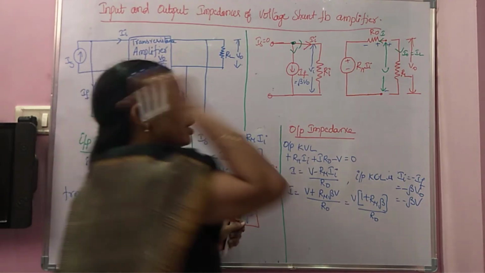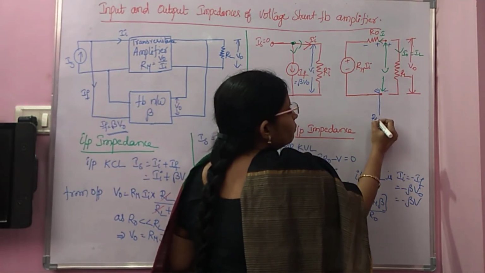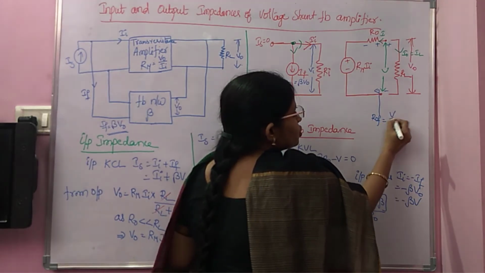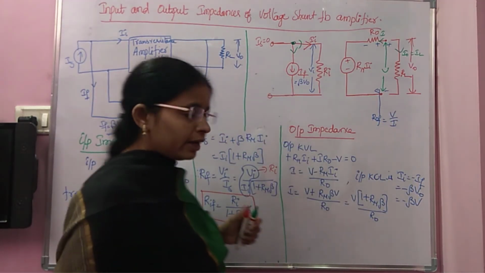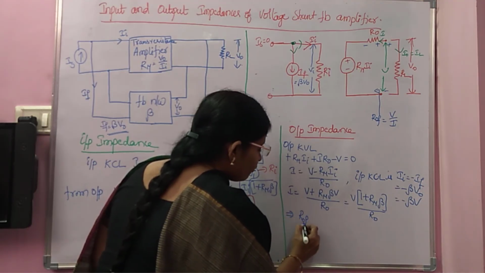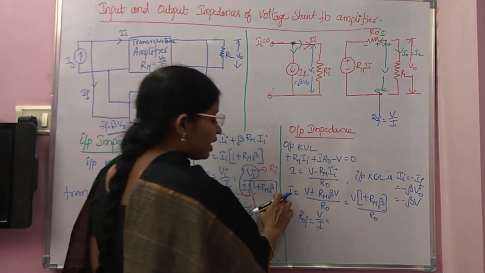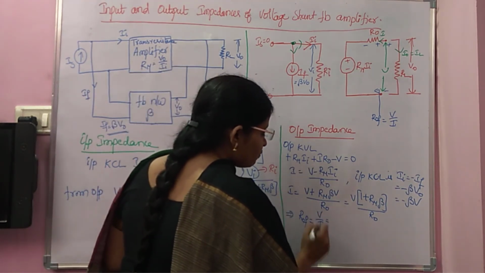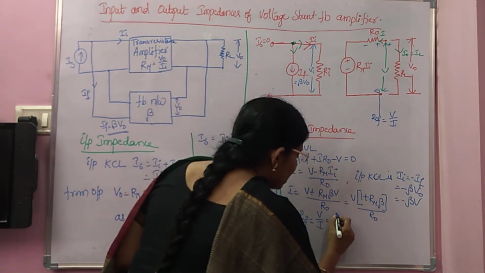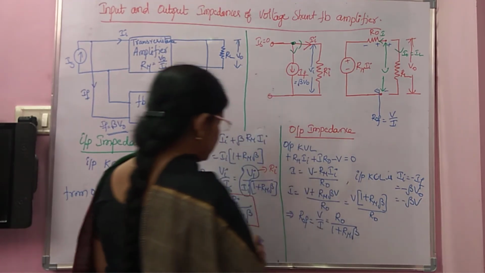What is R naught f here? As usual, R naught f is V by I. Taking this I to the other side, it becomes V by I. So R naught f is equal to R naught by 1 plus Rm beta.